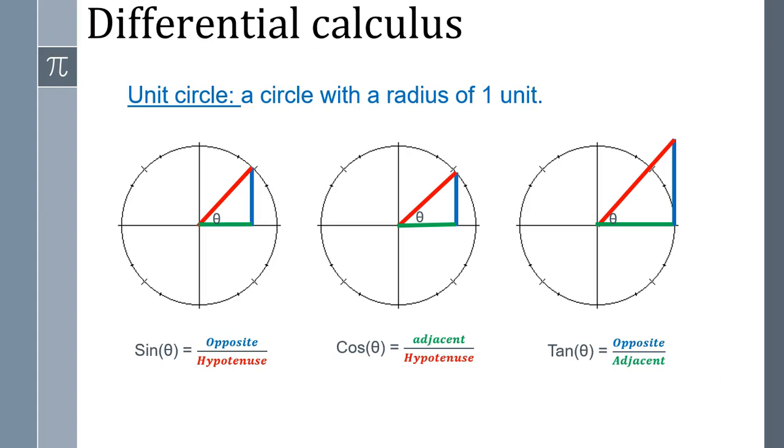Tangent essentially throws the radius out, and then it forms a triangle more on the outside of the circle than what we're used to. So you can see there the beginnings of a tangent line.